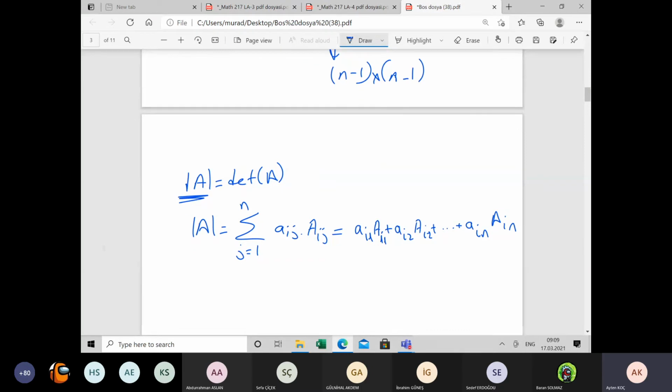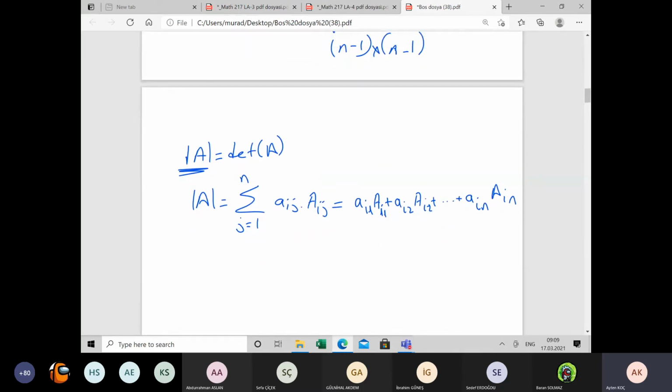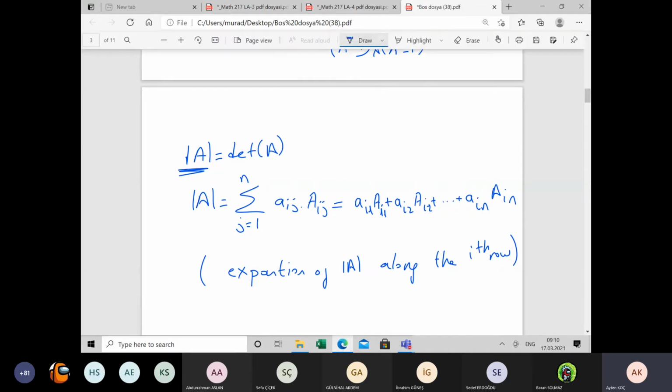And this one is called the determinant of A. This expression is the expansion of the determinant of A along the ith row, because we choose an arbitrary row, and here row i. The entries of row i are used.